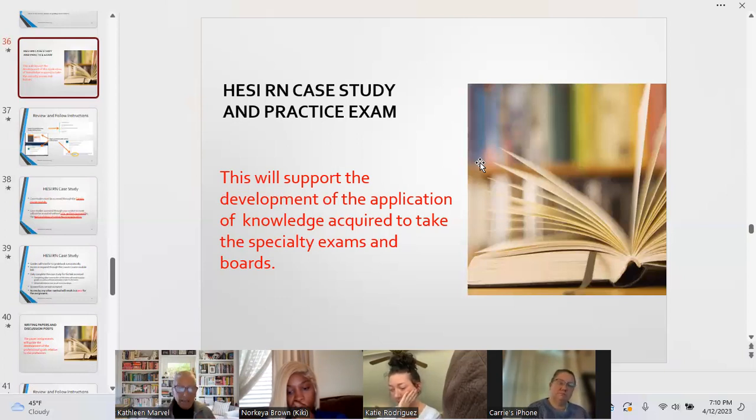Everything in that study guide is a topic they ask about on the HESI. I don't know the questions, because the HESI is treated like an NCLEX and they pull the questions from a big bank, but I do know the topics they're asking about, so we make sure those are covered in the study guide.